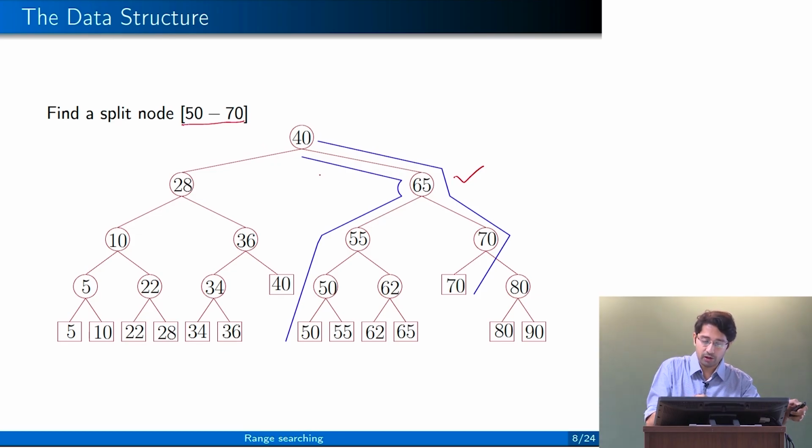So, which way will I go? I will go to the right. Is 65 in between 50 and 70? Yes. So, that is my split node. Right. Now, from the split node, I will start my journey and I will move left first, then I will move right.